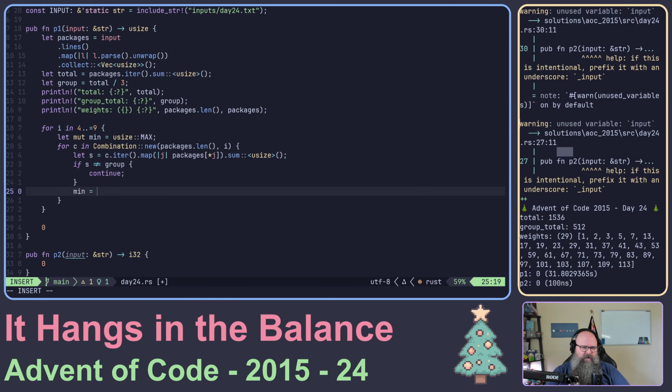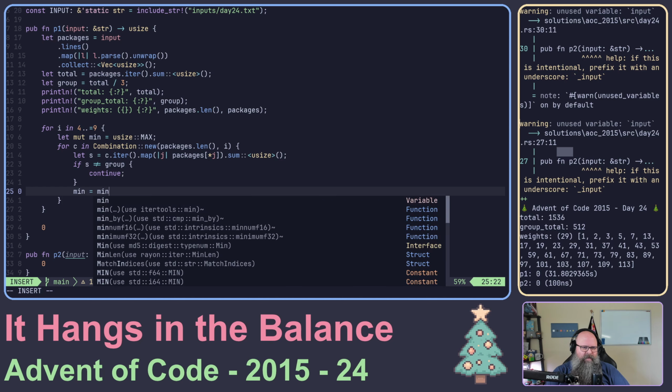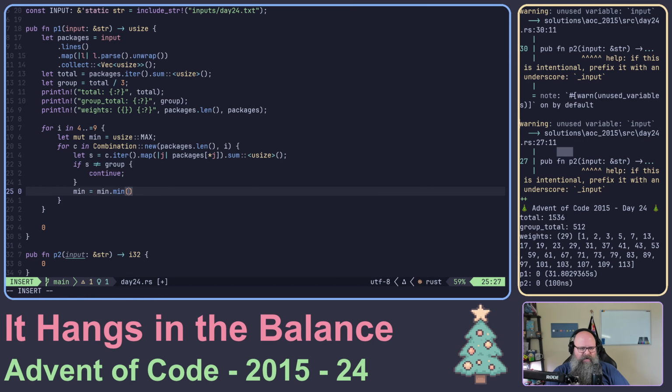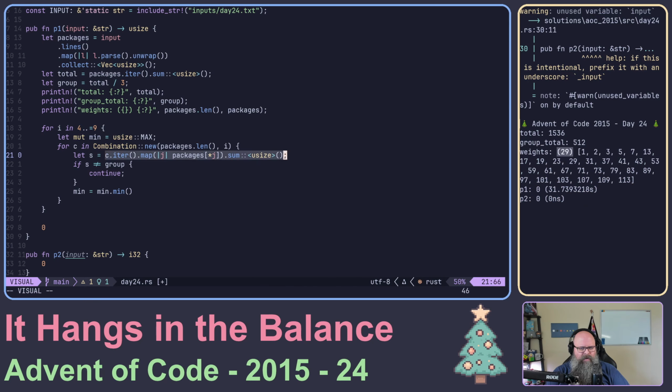So min equals min.min of this same thing, but the product. Like this is the quantum entanglement.